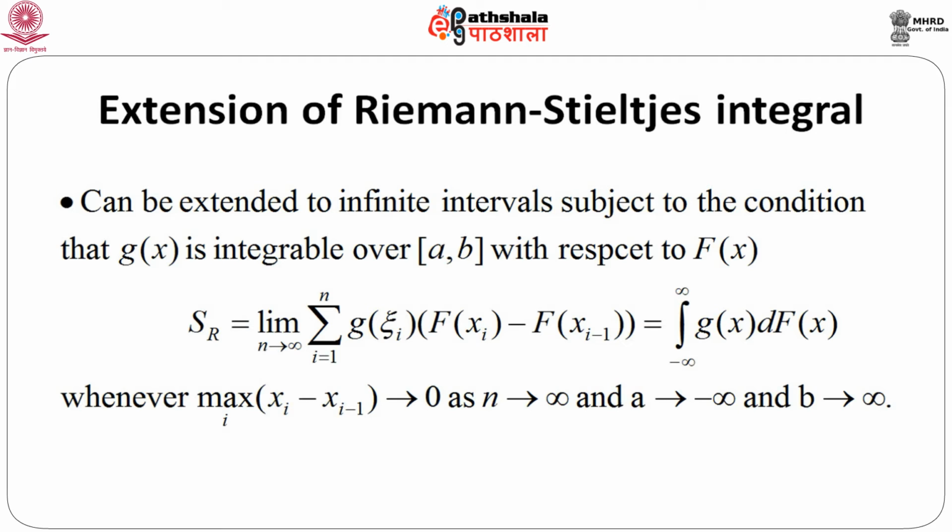So, from the Riemann-Stieltjes integral, we can get a generalized version which covers the entire real line, if such a function gx with respect to Fx is integrable for every interval ab, for every a and b in the real line.